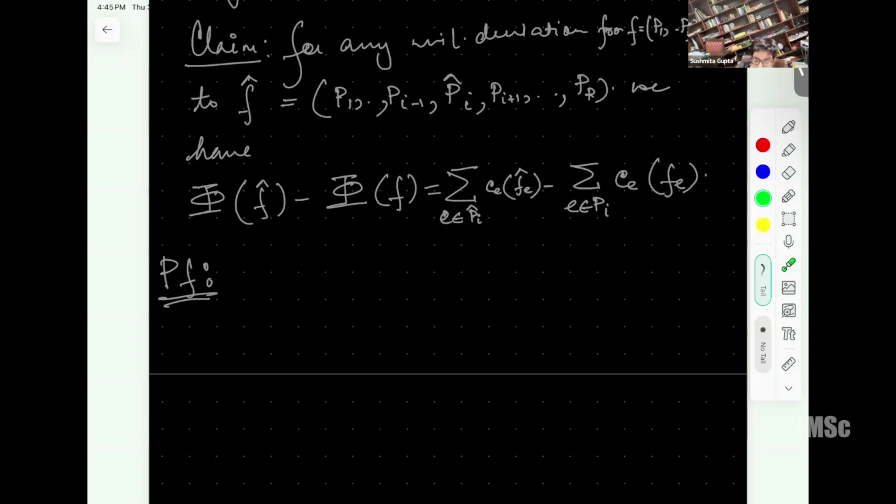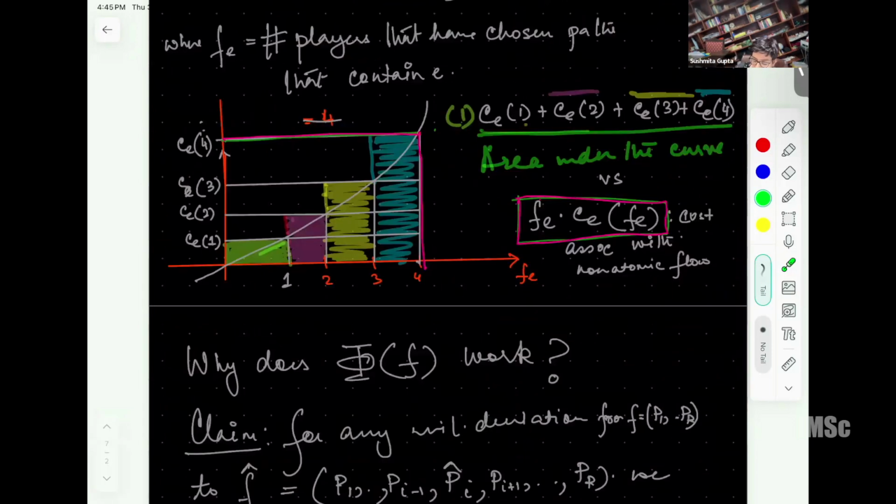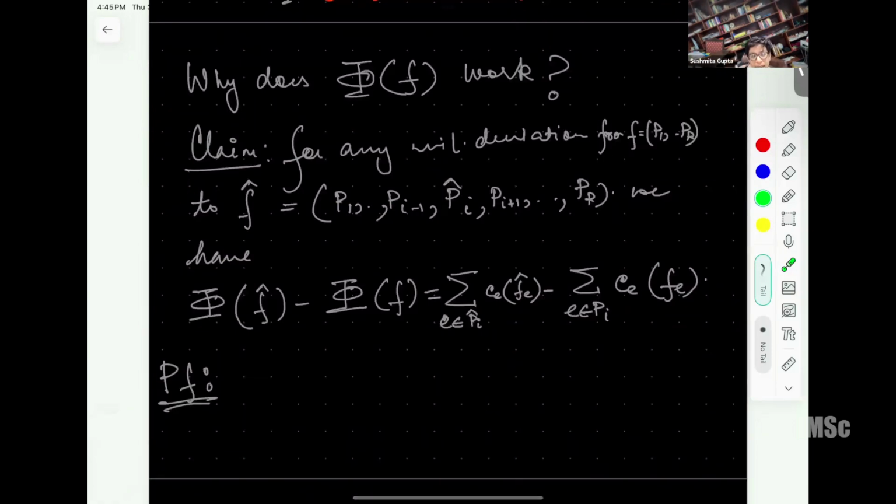Therefore, in particular, if f is an equilibrium flow, we know by definition an equilibrium flow is one where there should not be any improvement in cost, correct? So if I take a flow which minimizes this quantity, then given that we have this condition, will it not imply that the f that minimizes this potential phi is actually an equilibrium flow?